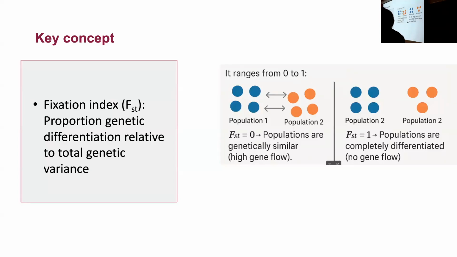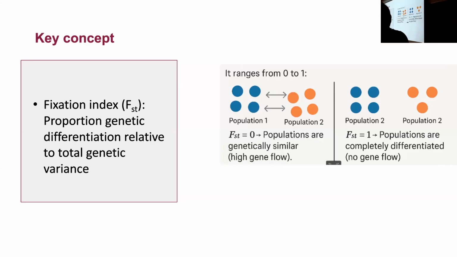I'm using a measure for this study that is called the fixation index. This is the proportion of the genetic differentiation you have with regard to the total of all the genetic diversity in the whole species. So you can compare populations and it gives you an idea of how they differ. Suppose you have two populations.